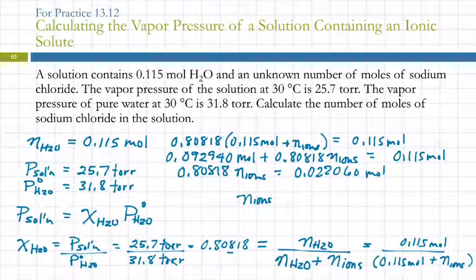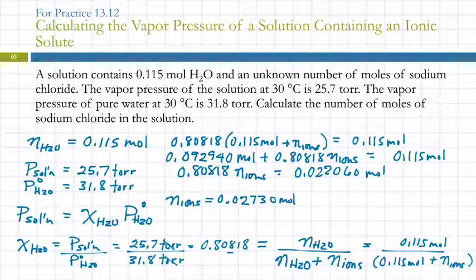Actually, it over here. Moles of ions equals 0.02730 moles. Did I do that right? Anybody following?